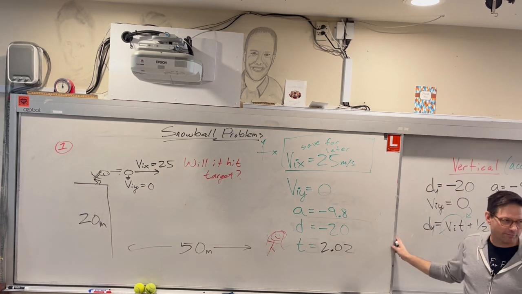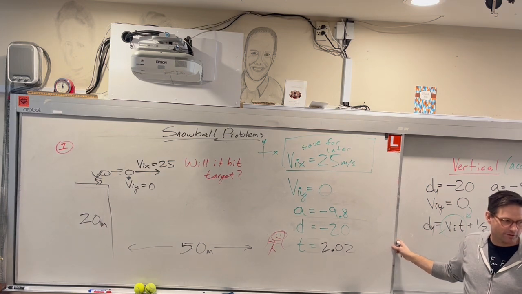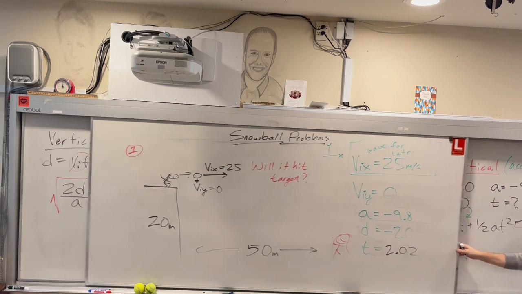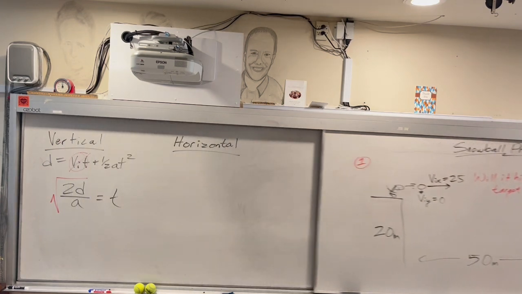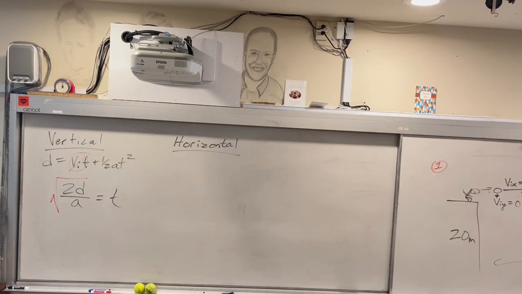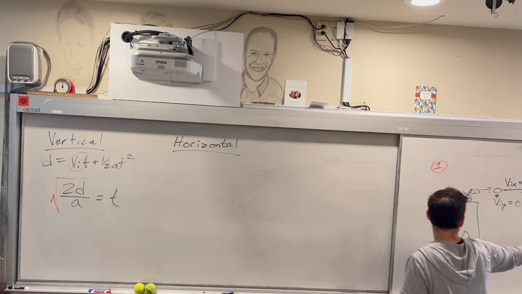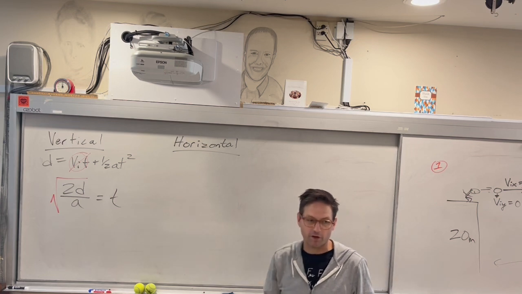Okay, you got a time? Do you guys understand why the time is the time? If I asked you to find the time it would take if I just dropped something straight down, do you see that you could use that formula to find the time that it takes to fall?